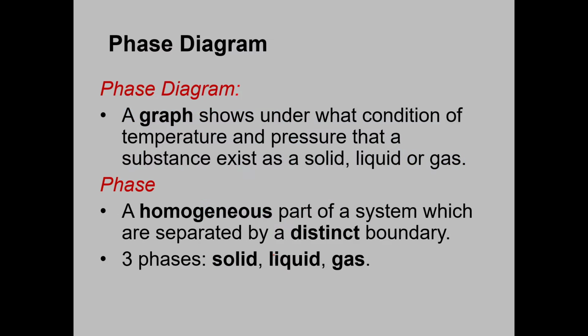Okay, so but what about a phase diagram? So phase diagram is kita ambil all of those phases, kita cramp it in one graph. Okay, it's a graph that show the condition of temperature. So usually the graph is a pressure versus temperature.